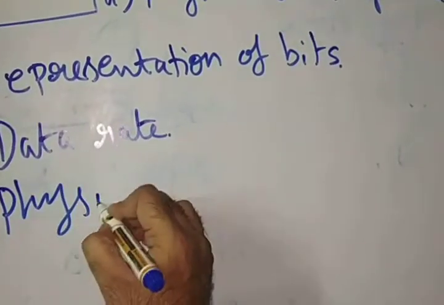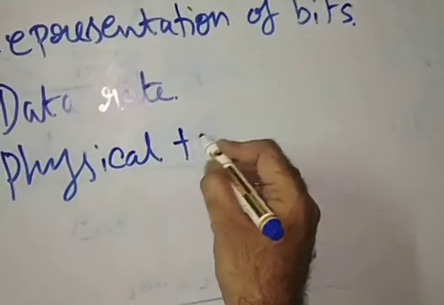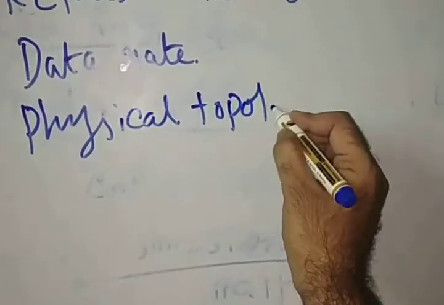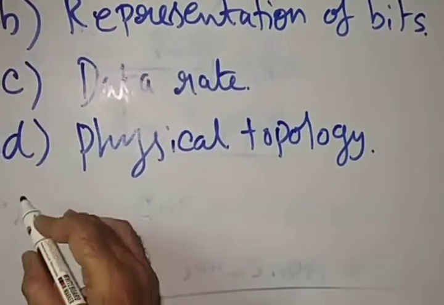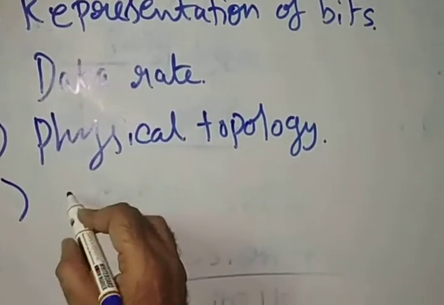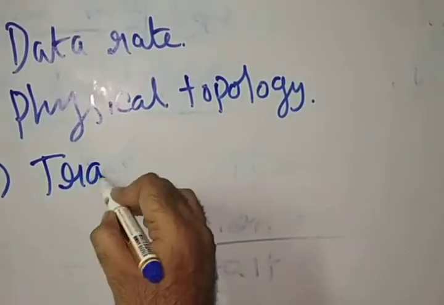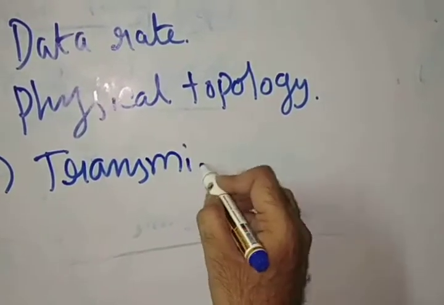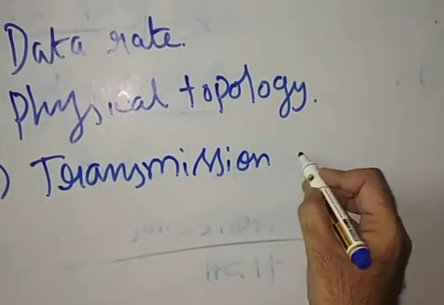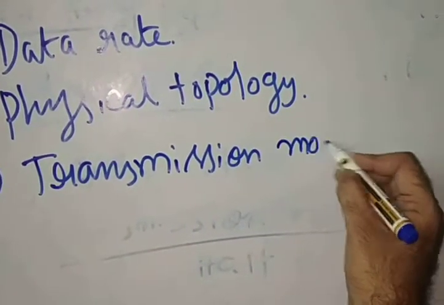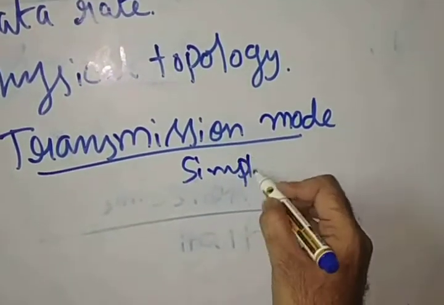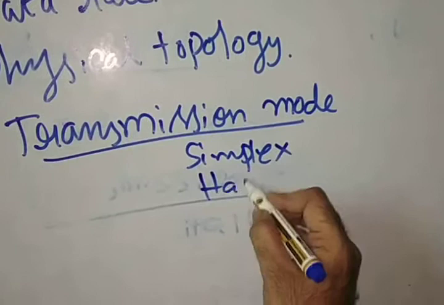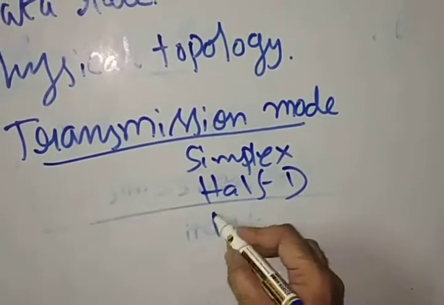As we all have learned about physical topology, there are different topological structures. Which topology the network will follow will be decided or looked after by this physical layer. The fifth one is transmission mode. As we have learned, there are different transmission modes, like simplex, half duplex, and full duplex.